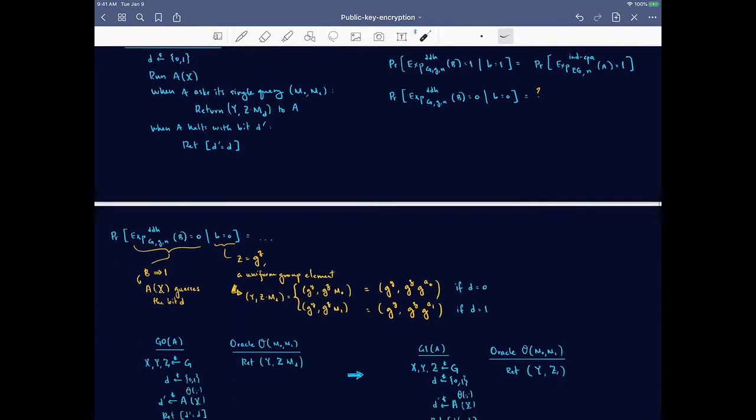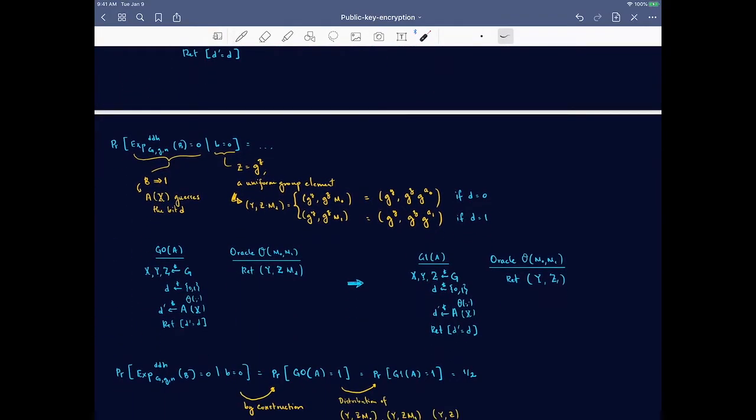Okay, so we can conclude that the probability of this event, conditioned on the challenge bit being 0, is precisely the same as the probability that, right, sorry, I almost got confused there for a second.